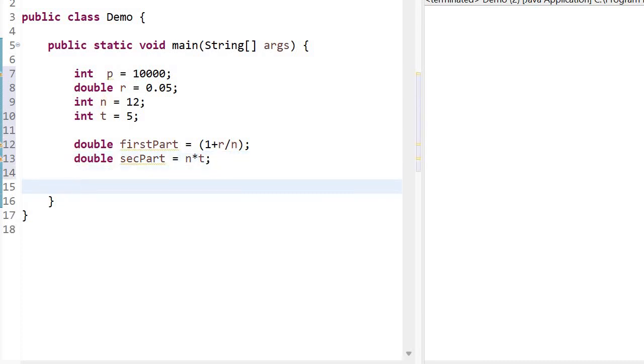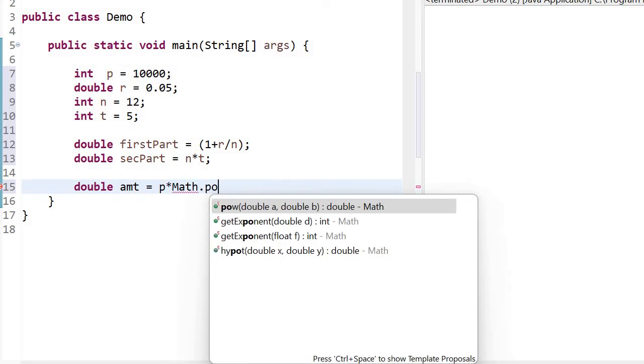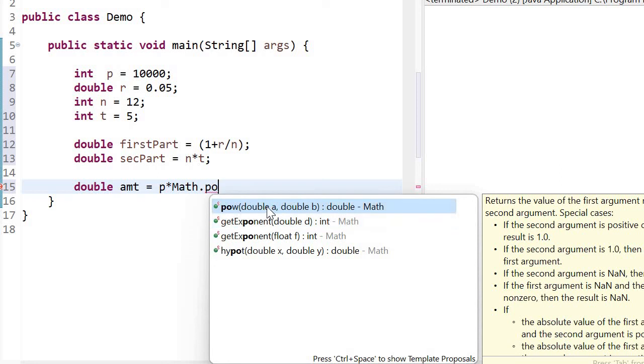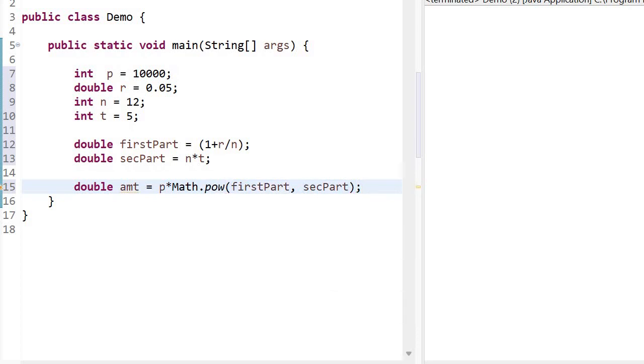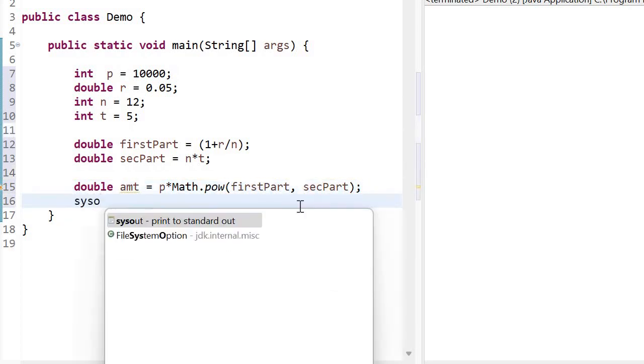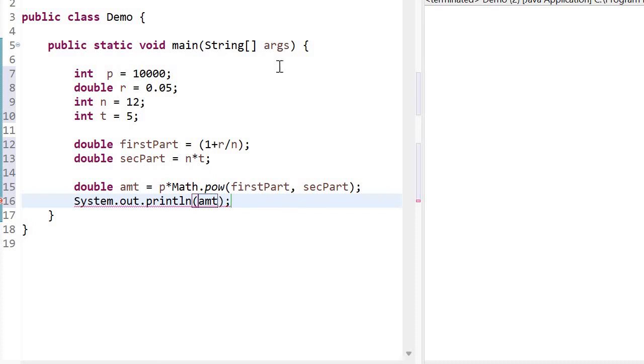Now the amount, as a variable I have taken over here, and we will be writing the math.power function. See here also, this is the first part and this is the second part. So I will be writing first part raised to power the second part. And finally, we will be displaying the amount, which is the result.